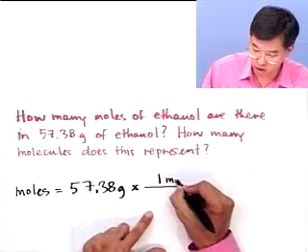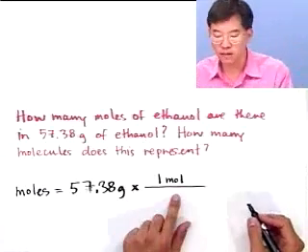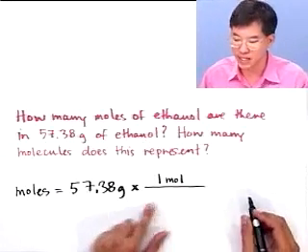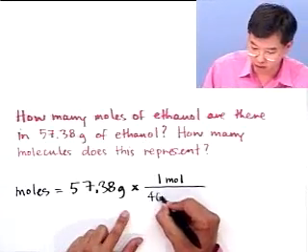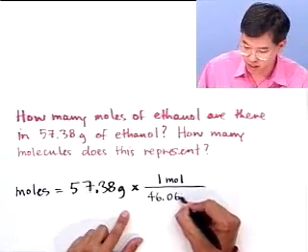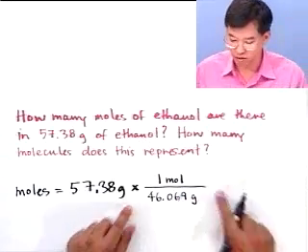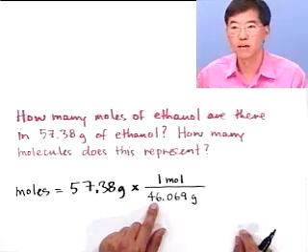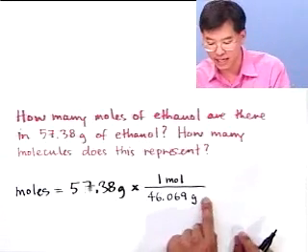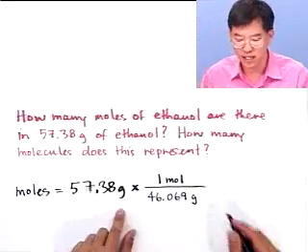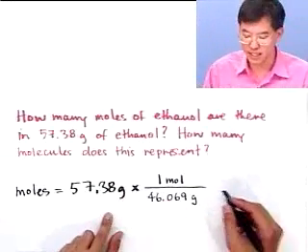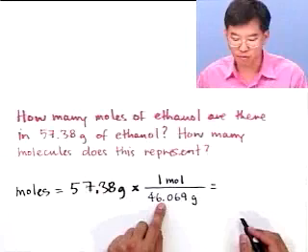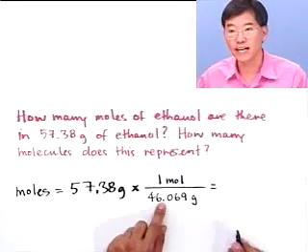So 1 mole. And you'll recall that we calculated the molar mass of ethanol a little bit ago. It was 46.069 grams. So this is 46.069 grams per mole of ethanol. We could write "of ethanol" here, but I think you understand what I'm trying to say. So if we multiply these two things out, let's go back and use our intuition.